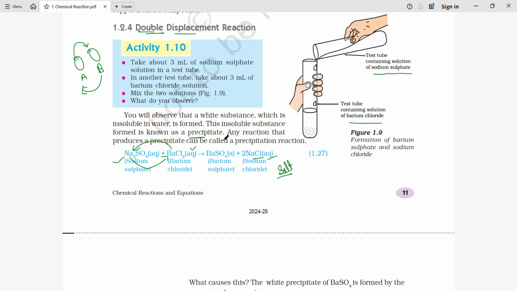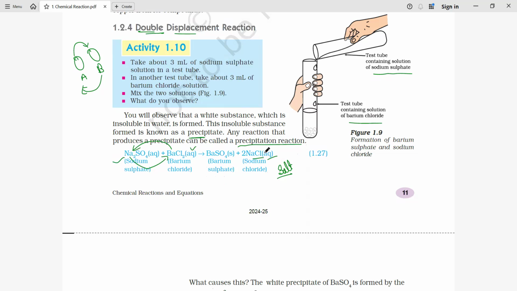So this can also be called a precipitation reaction. Since barium sulfate is not soluble here, it forms the white precipitate. So it is a double displacement reaction along with a precipitation reaction, since formation of a precipitate takes place.